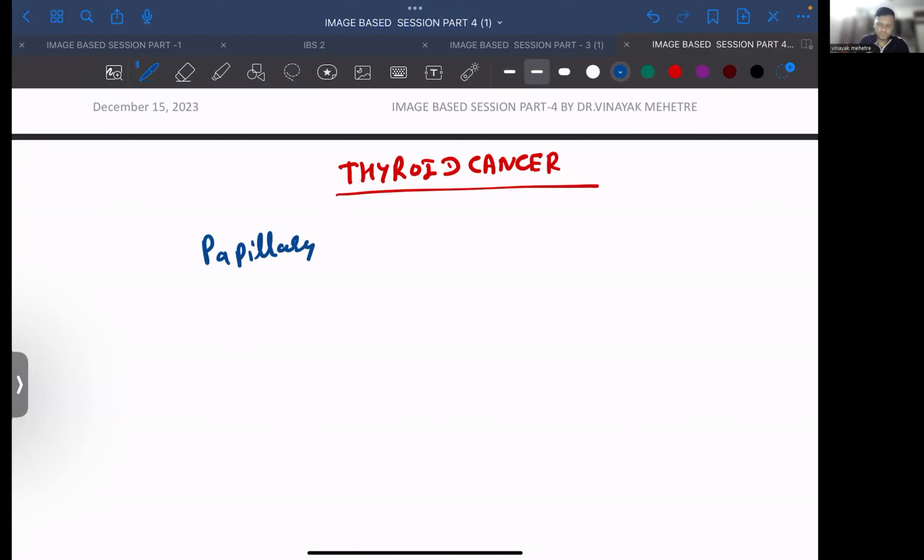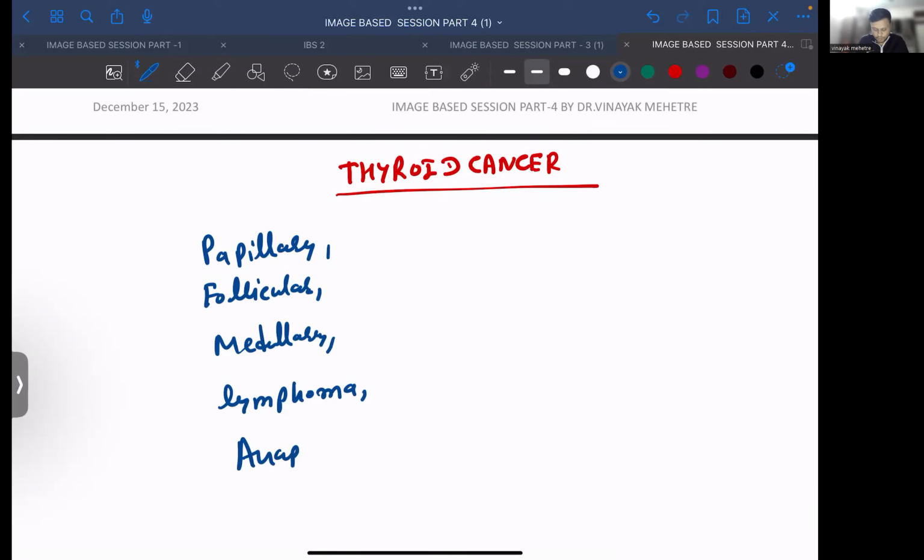And which other? Follicular, medullary cancer, lymphoma, and which other? Yes, anaplastic. These are the types of thyroid cancer.